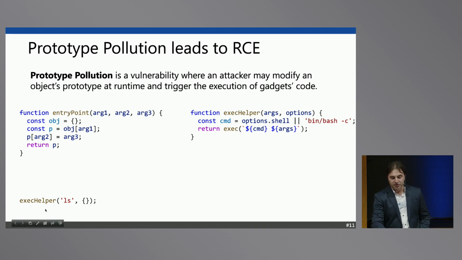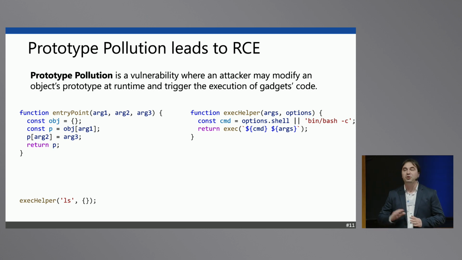So what we are using this function for here is this ls command, just to list files in our system, and we're not providing any options. Okay? So what the system will do, it will take these arguments, it will see that shell is not defined, it's empty here, and then it will go for the bash, and then it will show us the list of files in the directory.